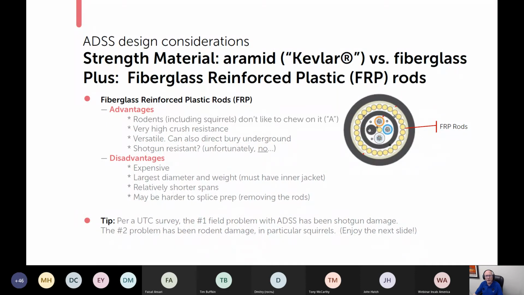There are a couple of possibilities for what you would use here. One possibility is to use PBT, right? Same material as you might use for the tube. The problem with that is cost. And another problem is that, remember I said PBT is quite strong.